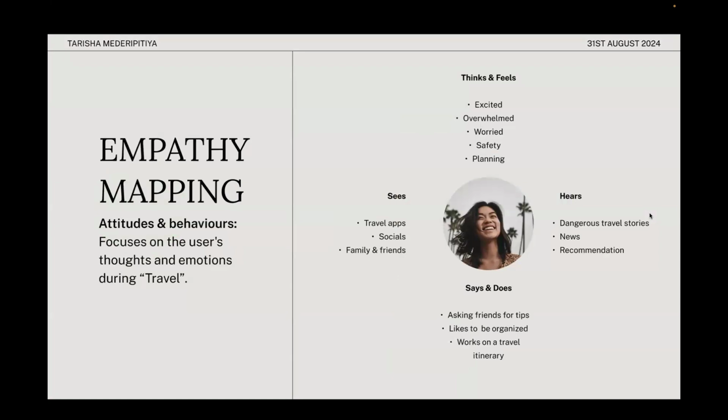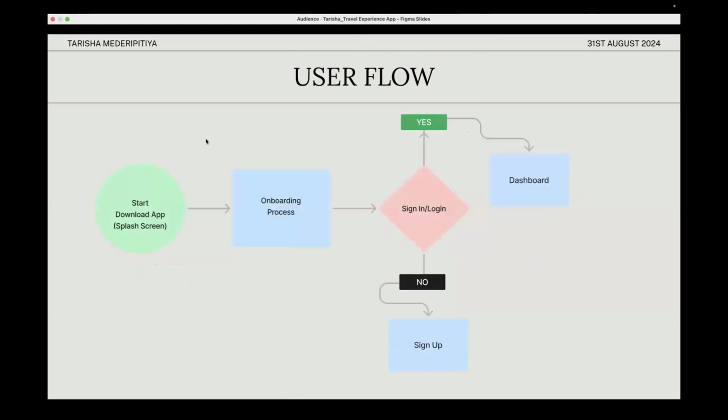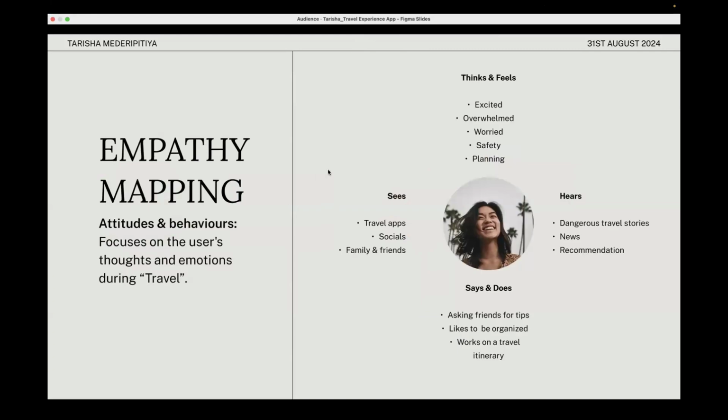This was the empathy mapping. So basically, focus on the user's thoughts and emotions during traveling. What she thinks and feels during this time is excited, overwhelmed, worried about safety, and planning.